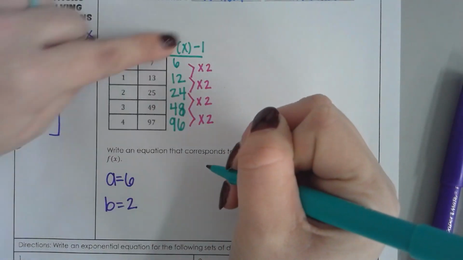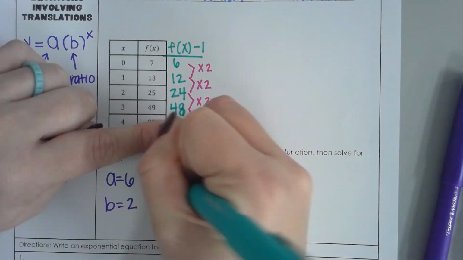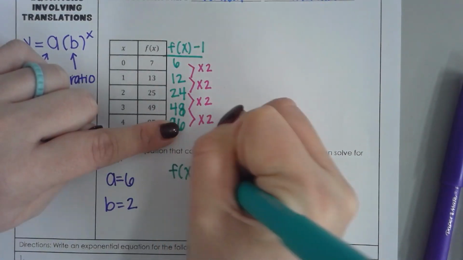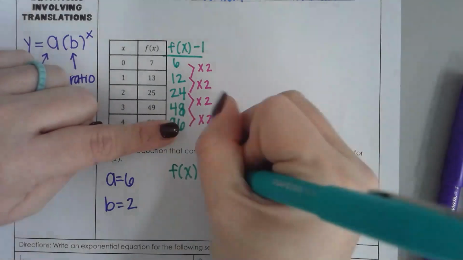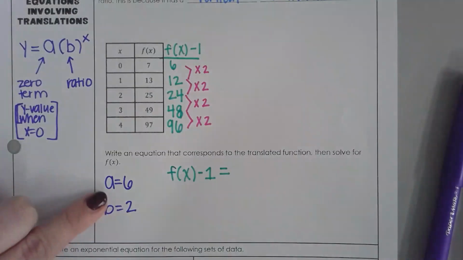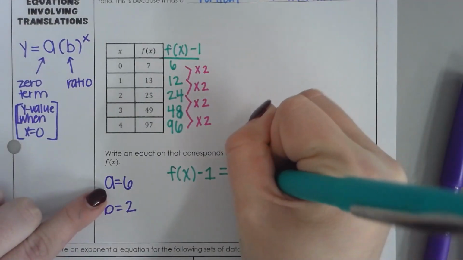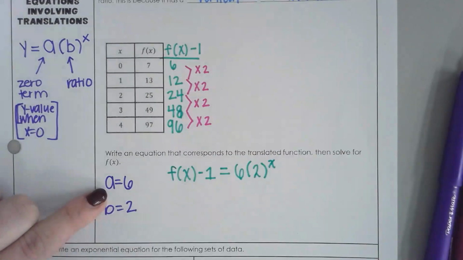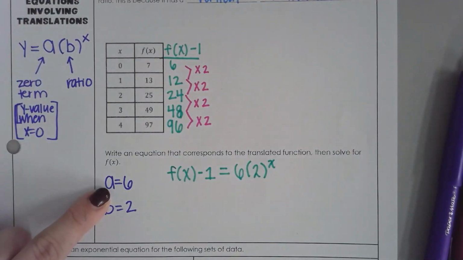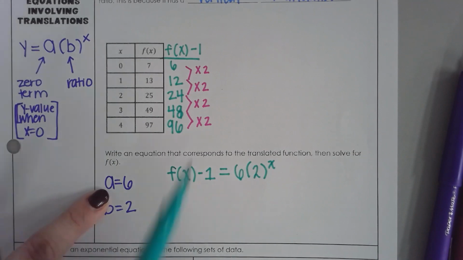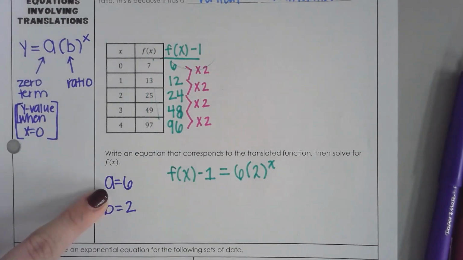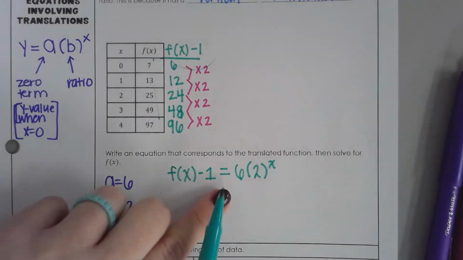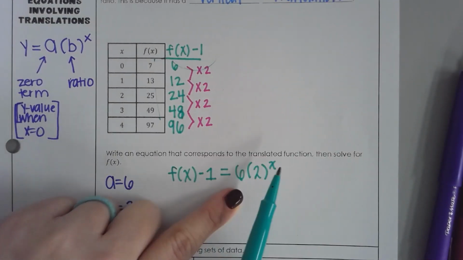So I'm going to write an equation for this translated one. And I'm going to call it f of x minus 1 because we subtracted 1. That's equal to 6 times 2 to the x. So I subtracted 1 from all of those, I called it f of x minus 1, and that's equal to 6 times 2 to the x.